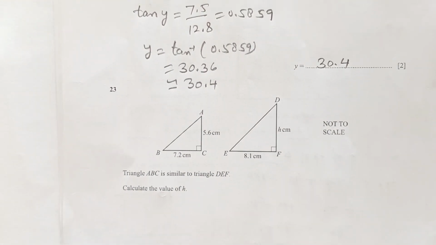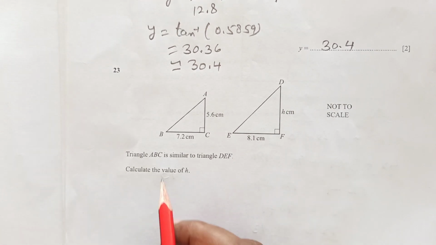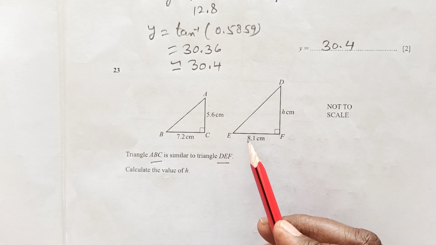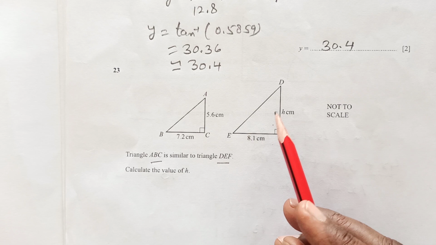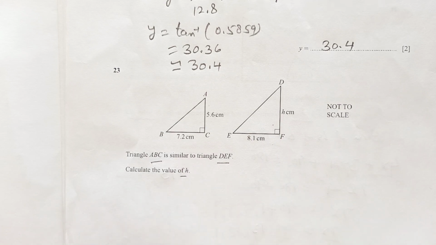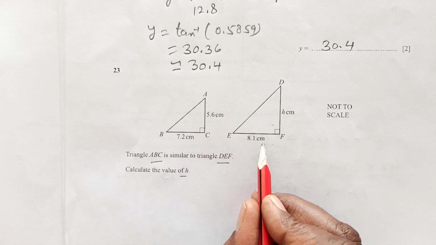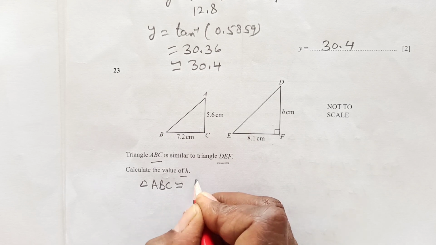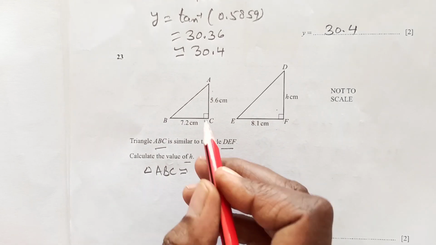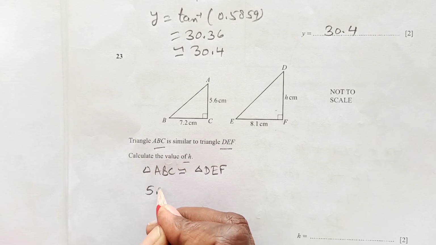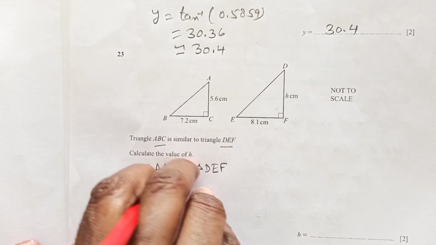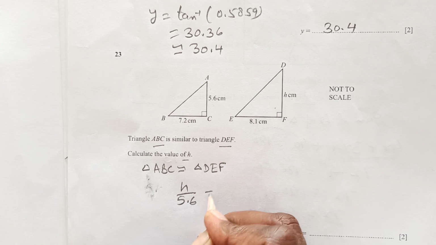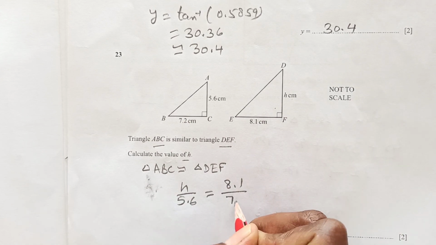Now number 23, we have two triangles here. Triangle ABC is similar to triangle DEF. Now these two triangles are similar. Similar means they have the same shape but not the same size. Calculate the value of h. So we will use the rule of similarity here. Because triangle ABC is similar to triangle DEF, h over 5.6 equals 8.1 divided by 7.2.